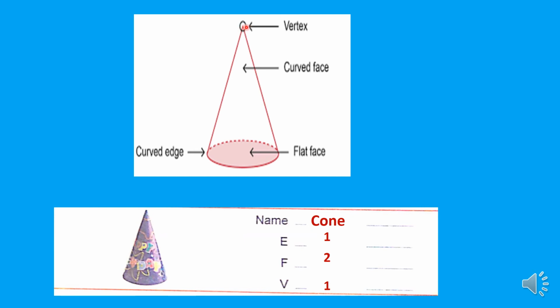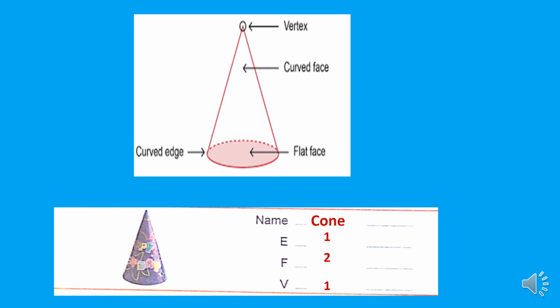This is the vertex of the cone. This point we are calling a vertex. So cone has only one vertex.